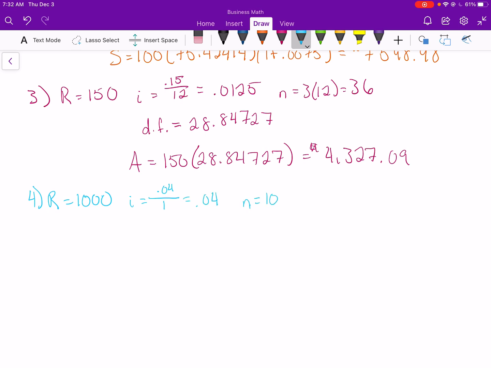N is 10 years times 1 time per year, which is just 10. So our discount factor, looking at our table, is going to be 8.11090. So our present value is equal to 1,000 times discount factor, which is $8,110.90.